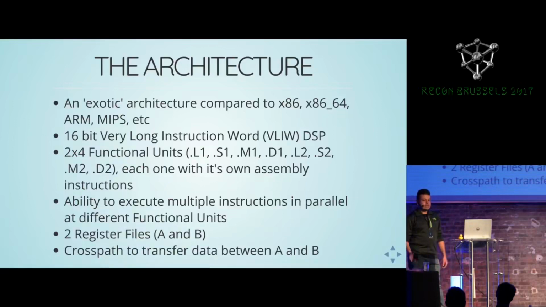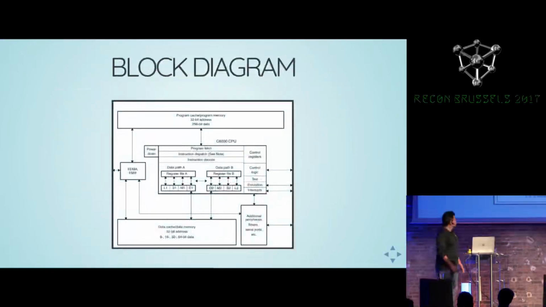It has 2 data paths with separate register files and a cross path to transfer data between those 2 data paths. This is the block diagram. This is the first data path, and this is the second one. Instructions are fetched and dispatched to the correct functional unit.